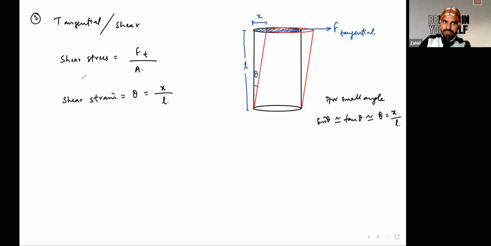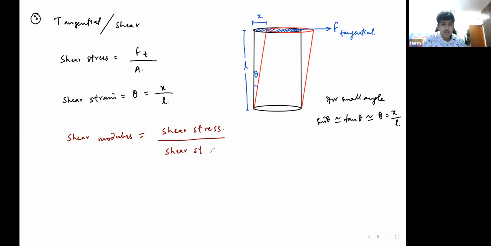Now, if we take the ratio of these two terms, it is called the modulus of elasticity. In this part, it is called shear modulus. It will be equal to shear stress divided by shear strain.